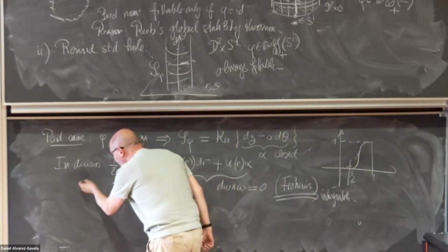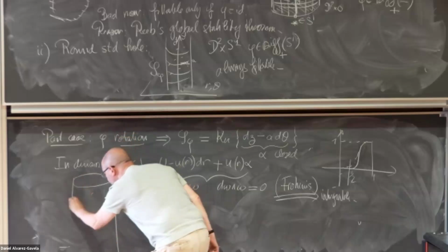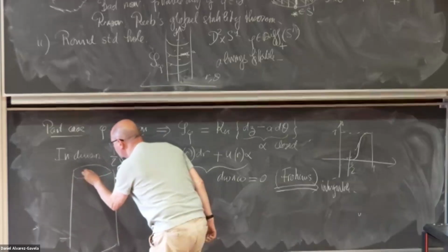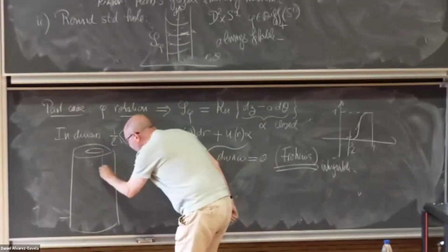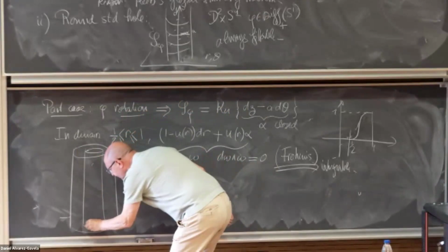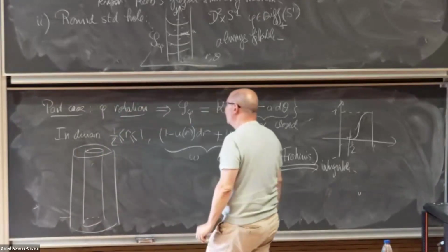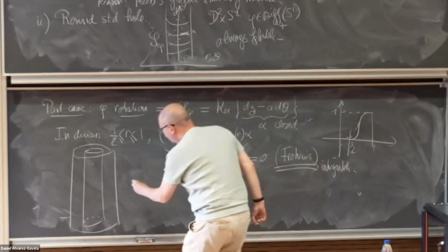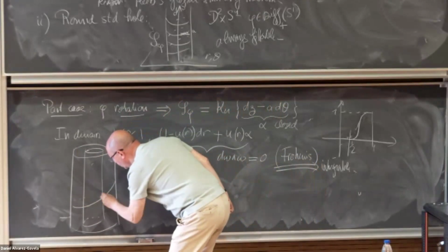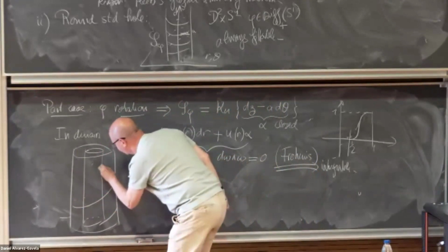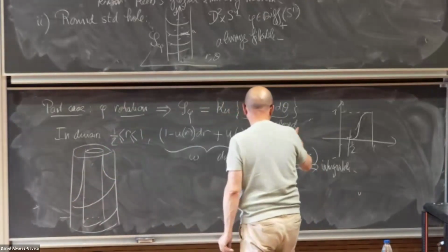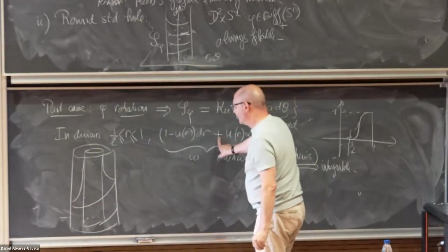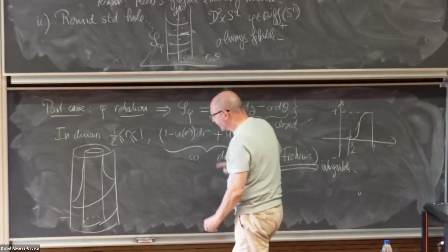And here is a drawing of the foliation that you obtain in this space between the two solid tori. You obtain this. Is my sign correct here? I think yes.